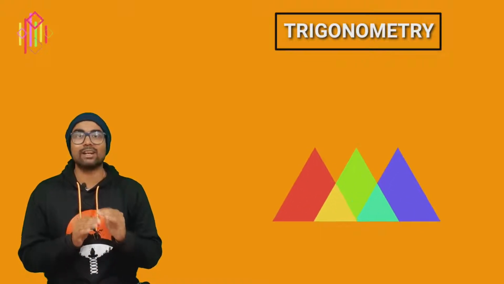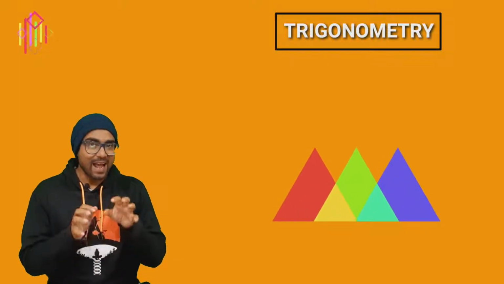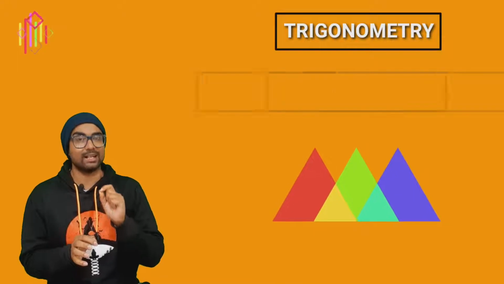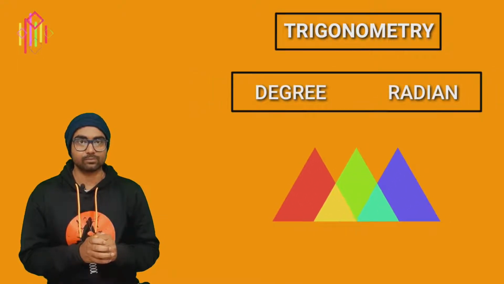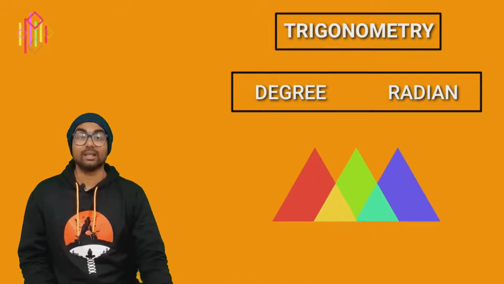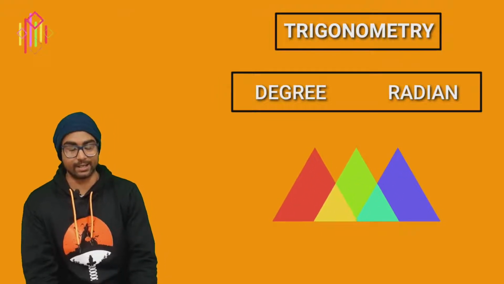For this we will require angle. For angle measurement we use 2 units. The first one is degree and the second one is radian.